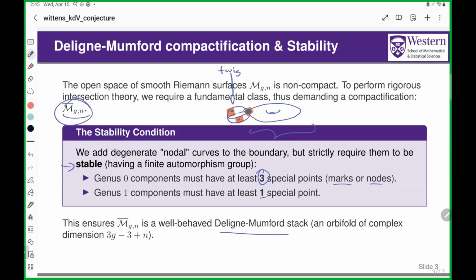I put this here just so you know formally what's going on. It's an orbifold. It's called a Deligne-Mumford stack. The regular moduli space, uncompactified, sits inside. It's Zariski dense, and that's its dimension: 3 times the genus minus 3, plus n, the number of marked points.